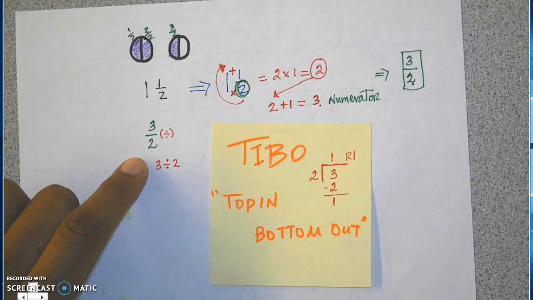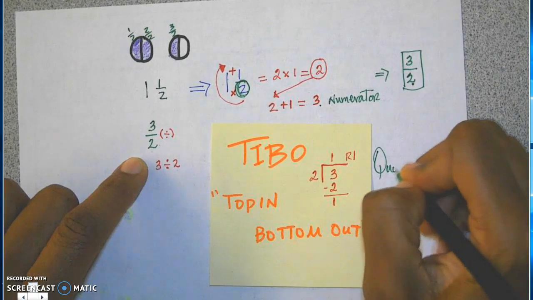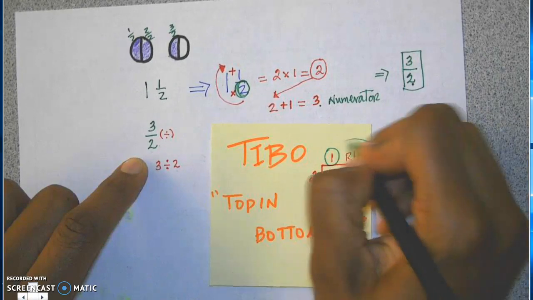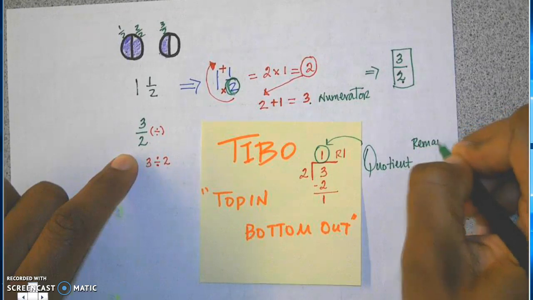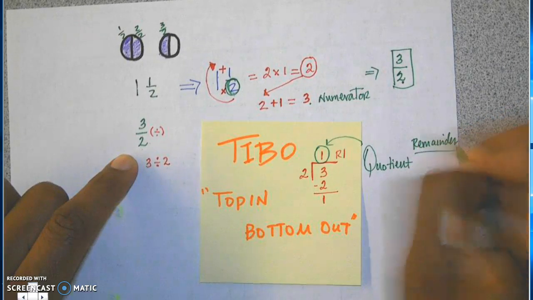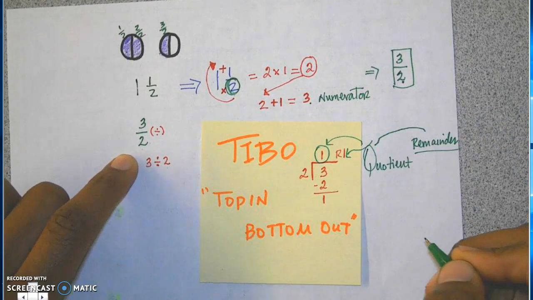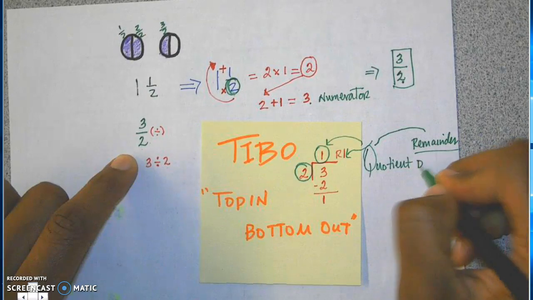To create my mixed number, I need my quotient. I need my remainder. And I'm going to keep my denominator or divisor.